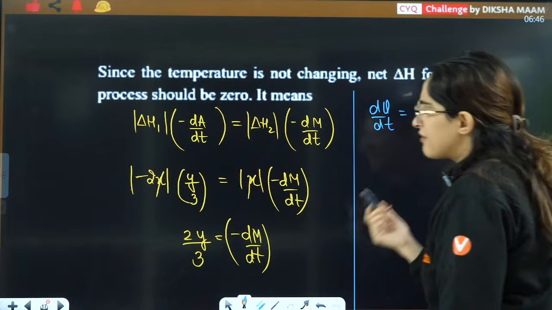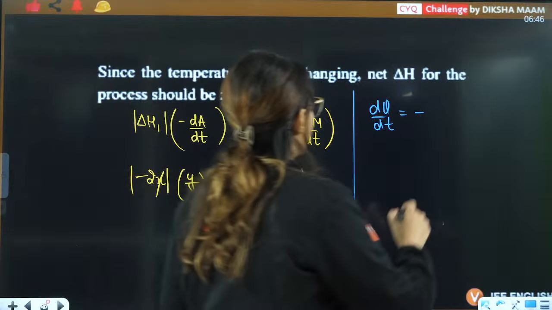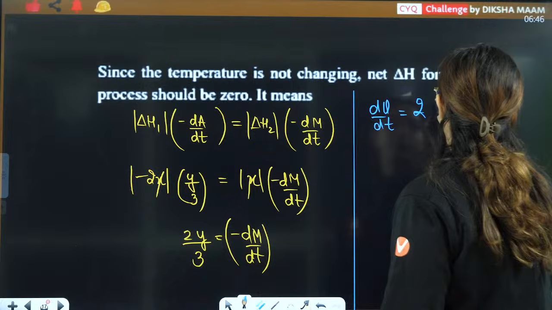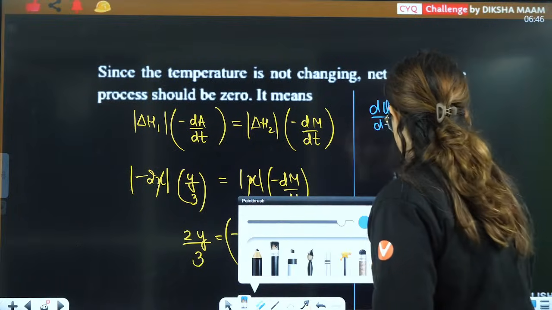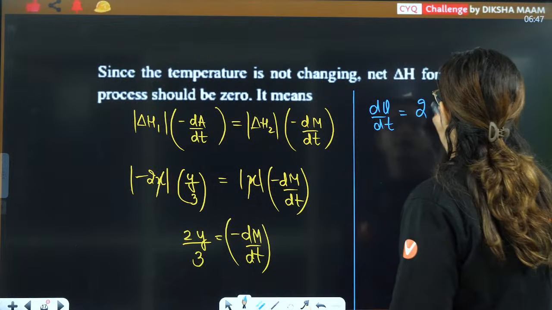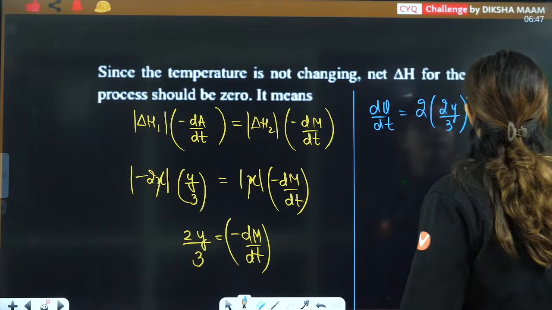Now why am I writing minus here? Minus you will not write, this will be simply 2 into 2y by 3, that is coming to 4y by 3.